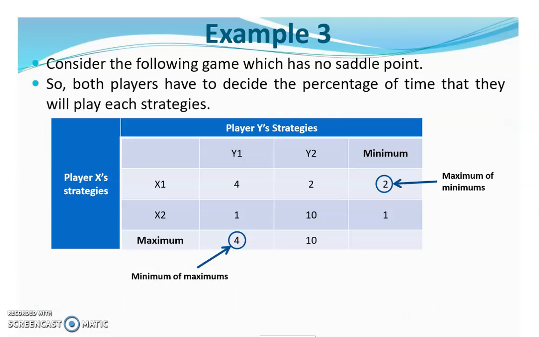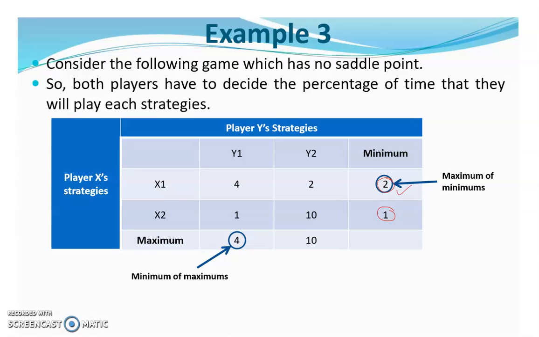Let's look at this example. So in this case, we try to apply the maximum of minimum, or maximin, and the minimax criteria. For the first row, 4 and 2, the minimum is 2, and 1 and 10, the minimum is 1. Then we try to select the maximum out of these values.